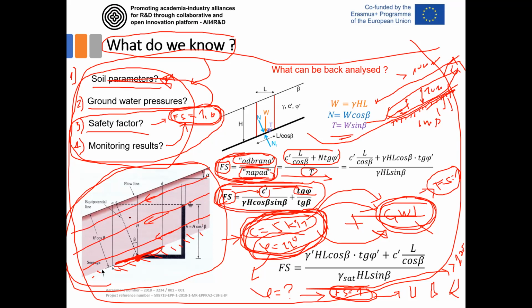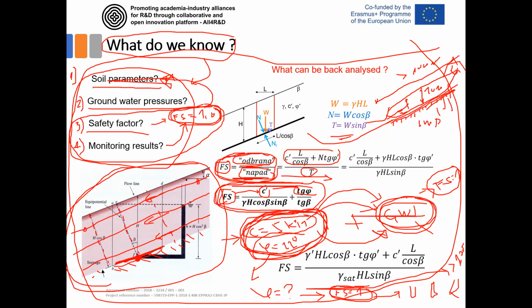The flow net consists of these flow lines. That's the line of water flowing. So water flows from this point to this point, from the points with higher potential energy to the lower potential energy. Perpendicular to this line can be defined these equipotential lines.